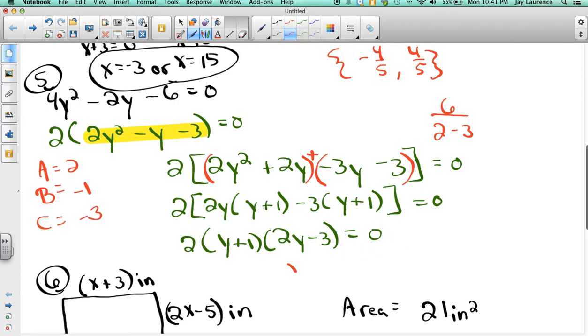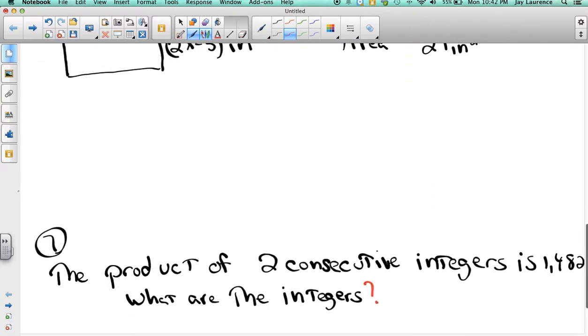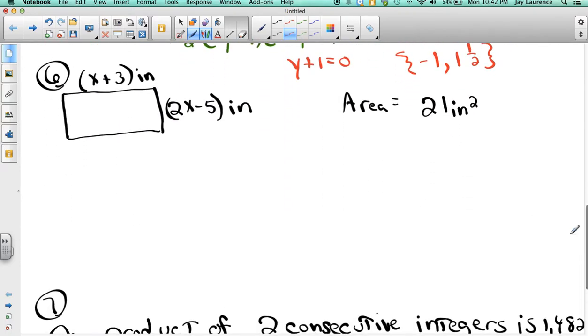So I'm going to solve y plus 1 equals 0 and 2y minus 3 equals 0. When I do, my solution set is going to end up being -1 and positive 1.5. And there you go. All right. Number 6. There it is.